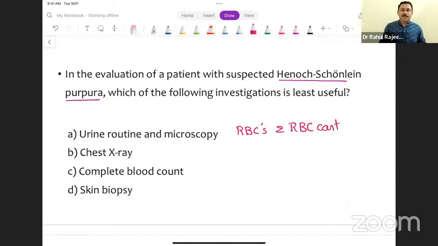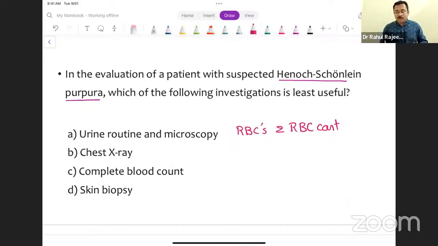What about complete blood count? Remember, Henoch-Schönlein purpura, my dear students, tell me this: is it a thrombocytopenic purpura or a non-thrombocytopenic purpura? It is a non-thrombocytopenic purpura. So what is the utility of complete blood count?